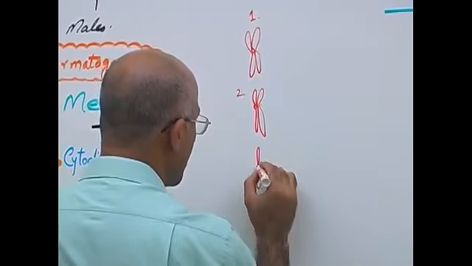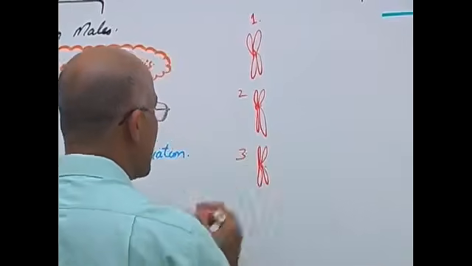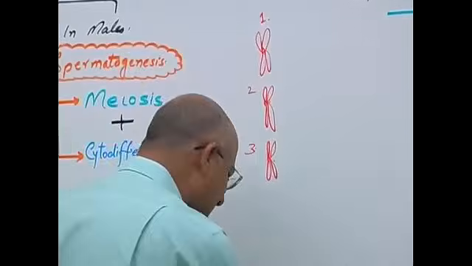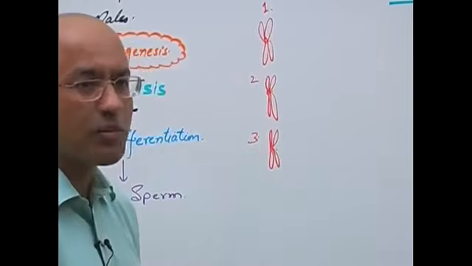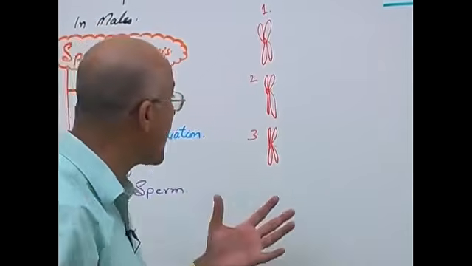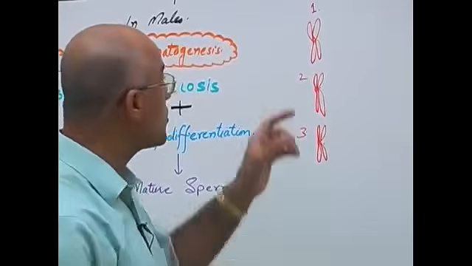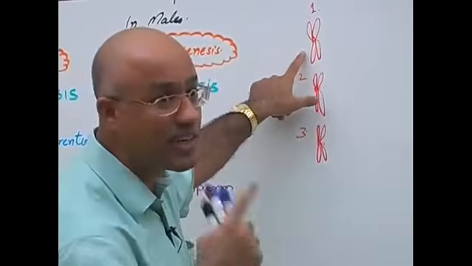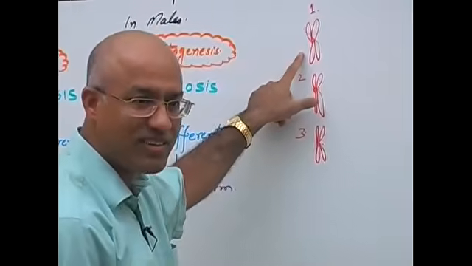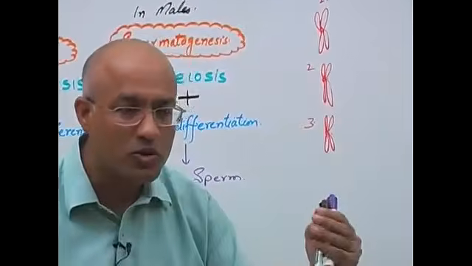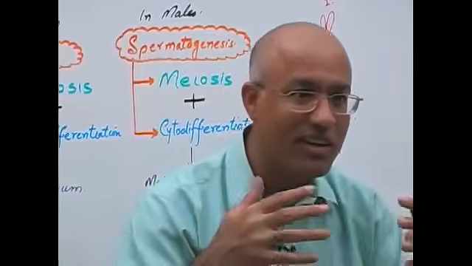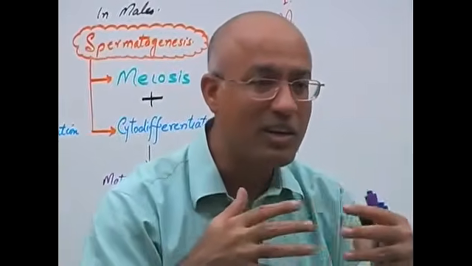Here is maternal chromosome number 3. You will be so surprised. You should be really surprised and appreciate what goes on at biological and molecular level, that maternal chromosome number 1 will look for where the paternal chromosome number 1 is in the same nucleus. Homologous chromosomes from mother and father start coming together. Look where the other partner is.